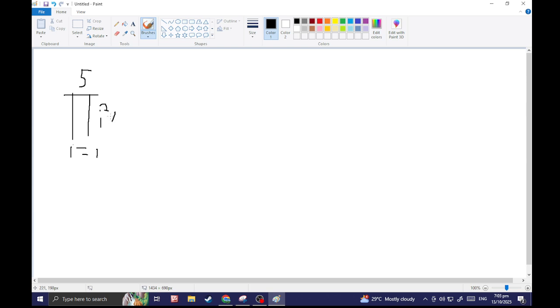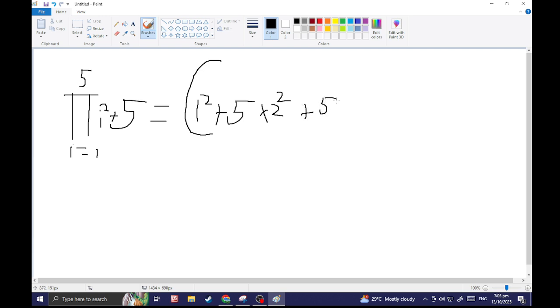As it said, we're gonna add 5. So this is basically equal to 1 to the power of 2 plus 5, times 2 to the power of 2 plus 5, times, and so on.